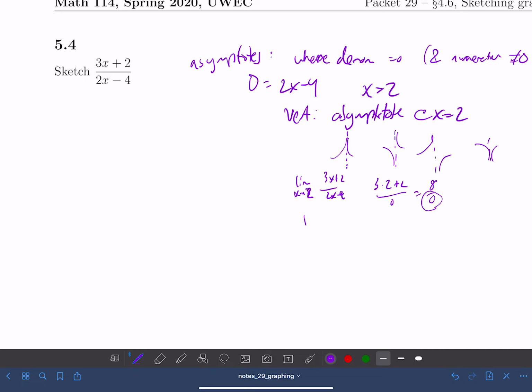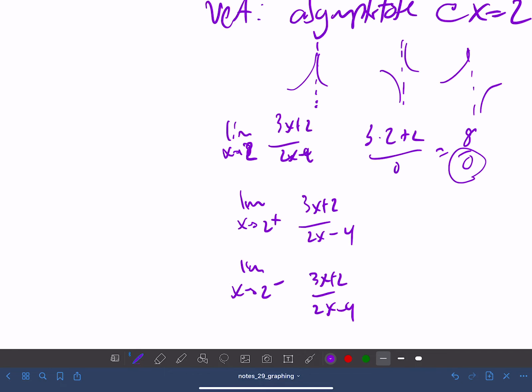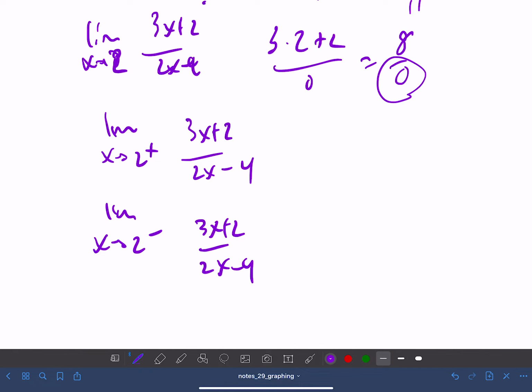So we need to know the limit as x approaches 2 from the right, and the limit as x approaches 2 from the left of 3x plus 2 over 2x minus 4. And now I'm going to play some tricks, and I hope that you appreciate this.